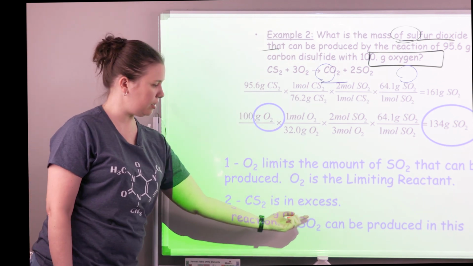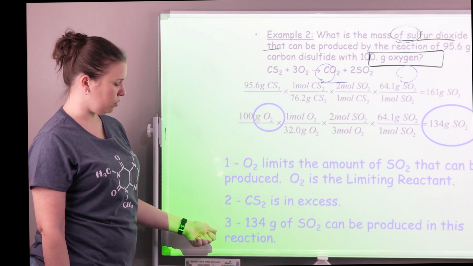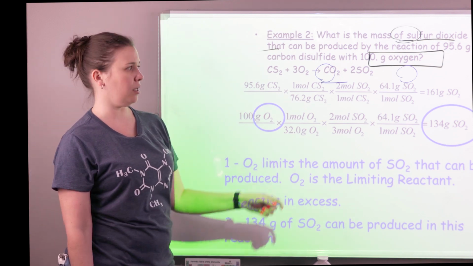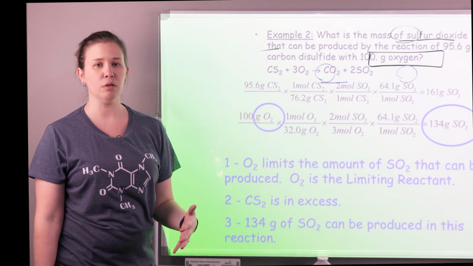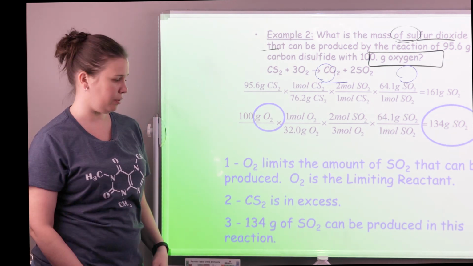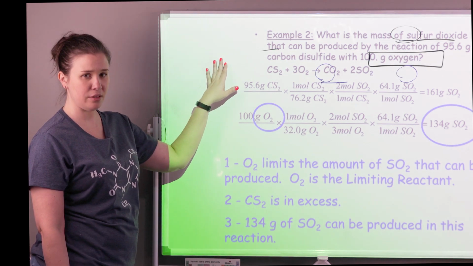So the fancy term for that is excess. And then what this question actually asked would be our 3rd one. What is the mass? And they like to say what's the maximum mass too, to kind of throw you off and try to make you pick the big one. But the maximum mass you could form would be the lowest amount because you're out of stuff to build with, right? So these are the 3 types of questions they could ask you based on this.